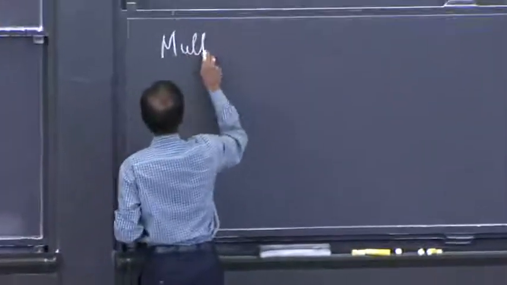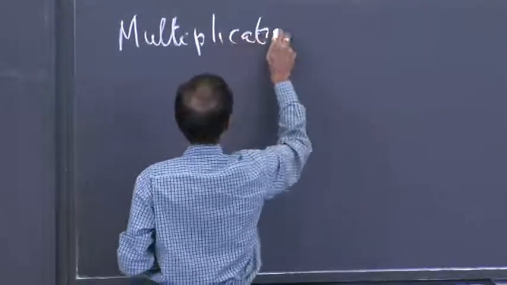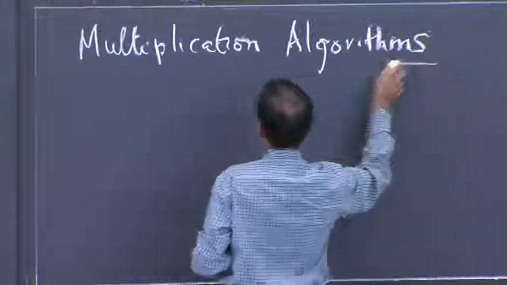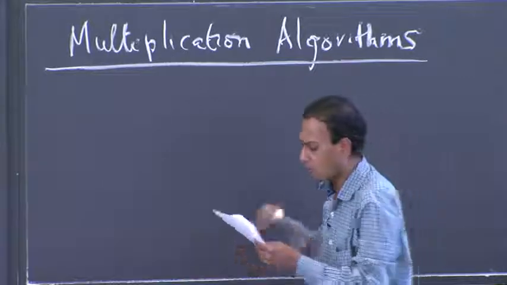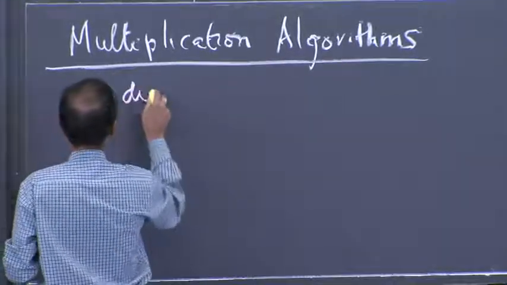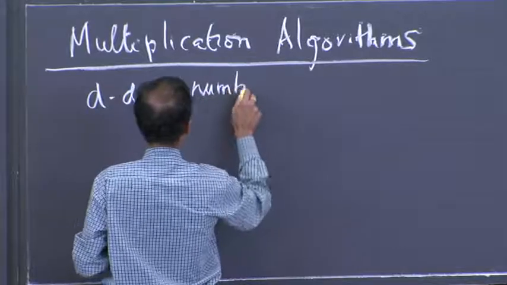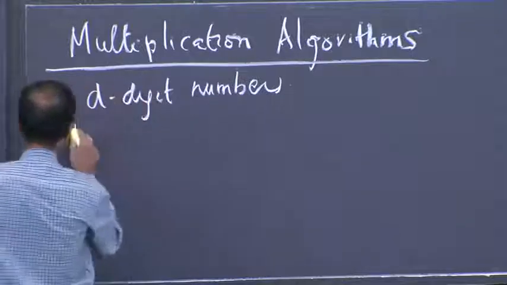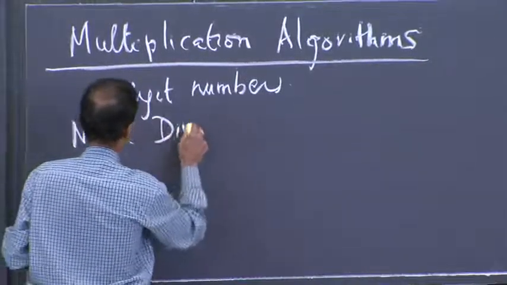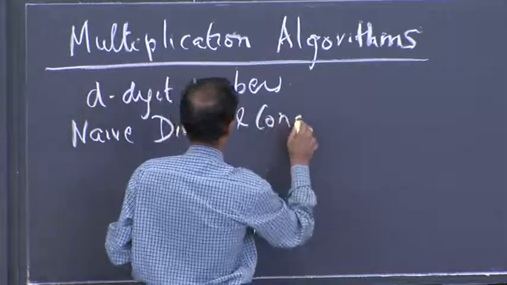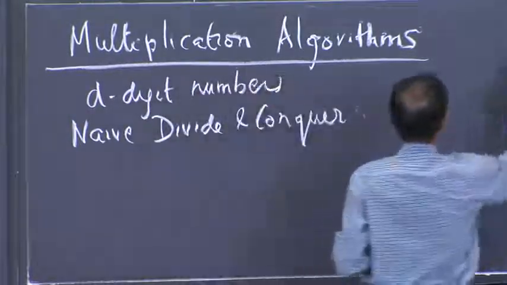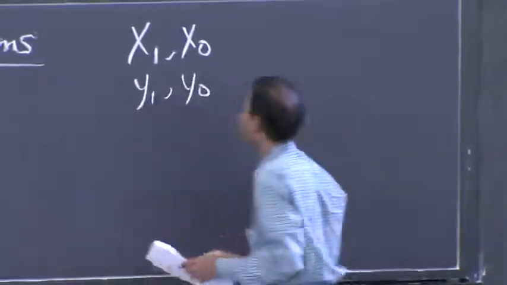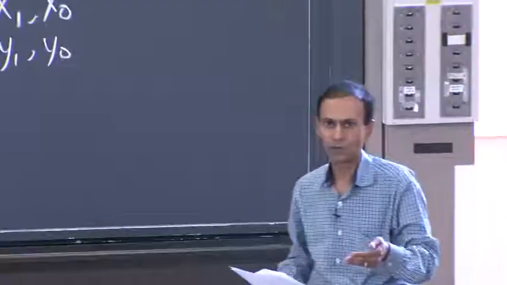We have multiplication algorithms, and we want to be able to multiply d-digit numbers. And the naive algorithm, and you can imagine doing divide and conquer. So you take x1, x0, y1, y0, where x1 is the most significant half of x.